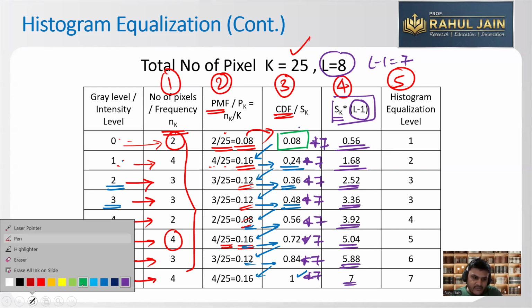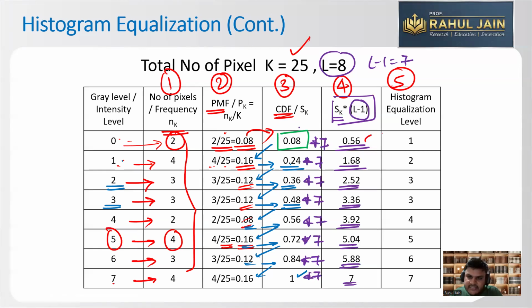Now, based on these values, 0.56 is nearby to 1, so assign it intensity level 1. 1.68 is closer to 2. It's just like the ceil or floor operation, where we take whatever is the closer value. 2.52 goes to 3, and 3.36: if it is above 3.5, assign it 4; if it is below, assign 3.